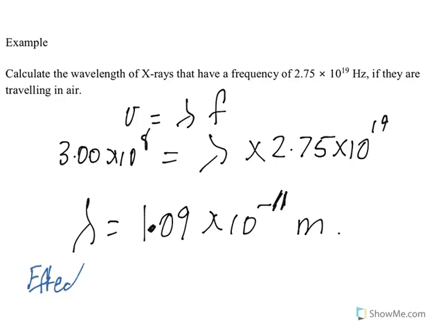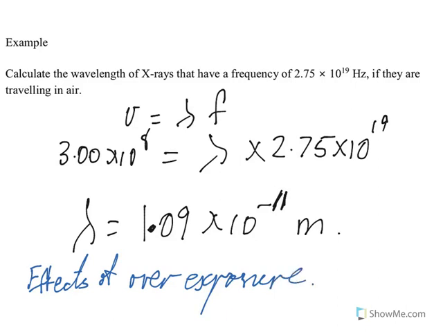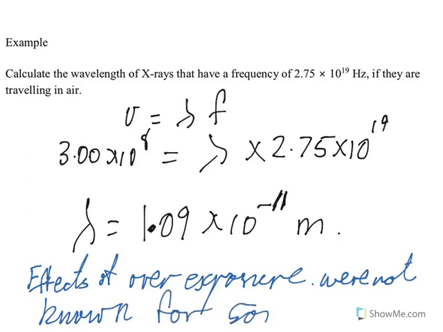Then just underneath that, it's a short sentence: effects of overexposure. I already mentioned the effects of overexposure. They weren't known. Well, not known for some time. And that's the missing word there in your notes. It's a matter of you don't know what you don't know.